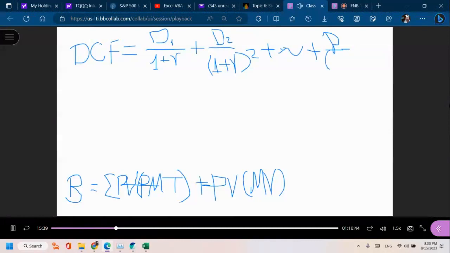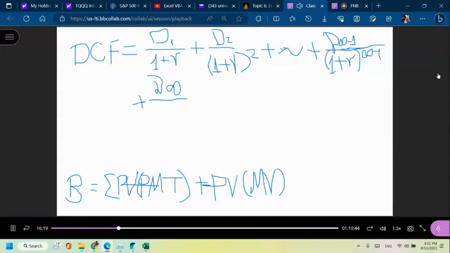So we will have dividend at time infinity minus 1, and it will be divided by 1 plus r raised to infinity minus 1. Infinity is not the end point.